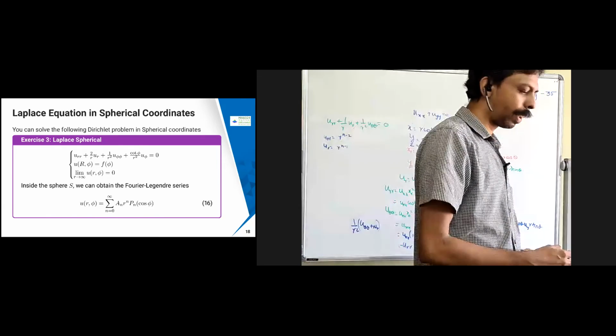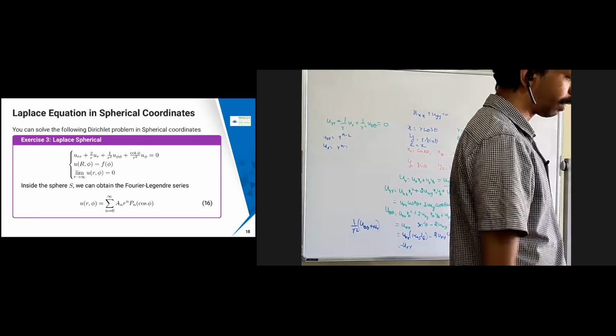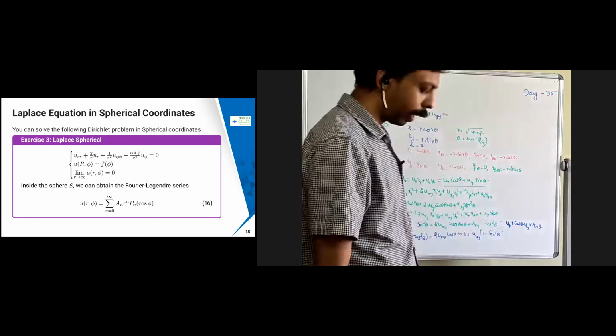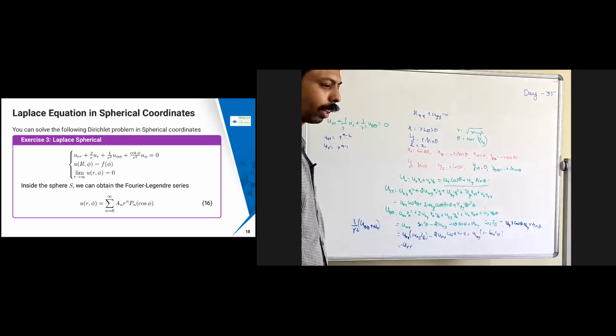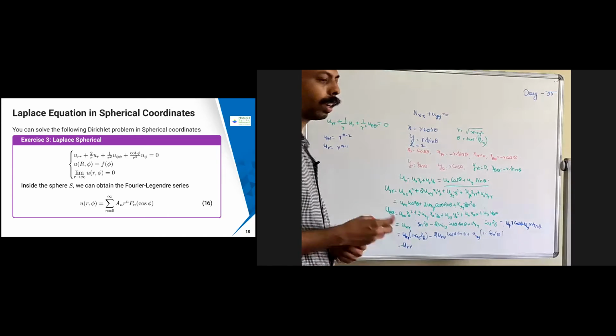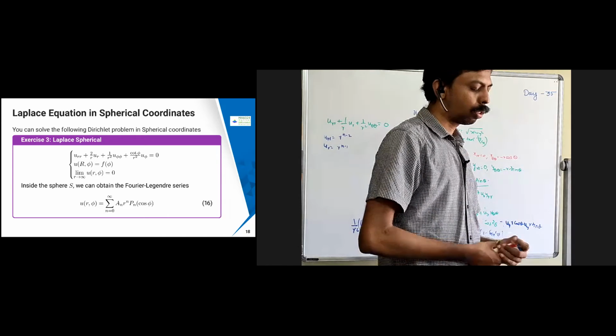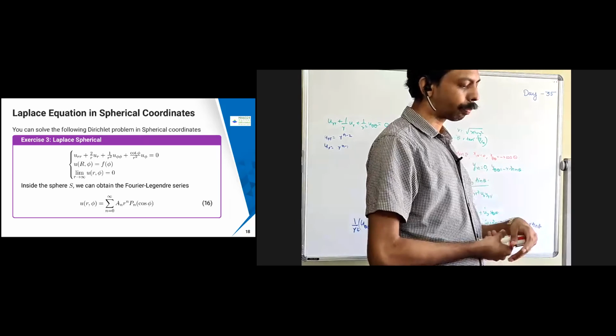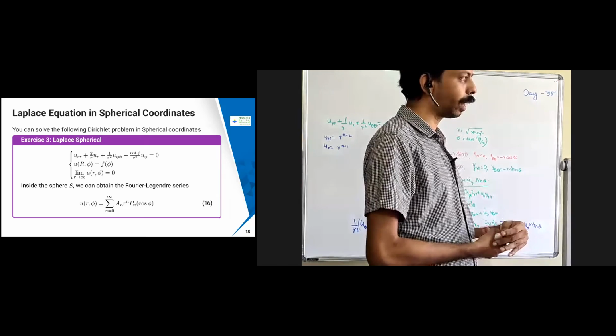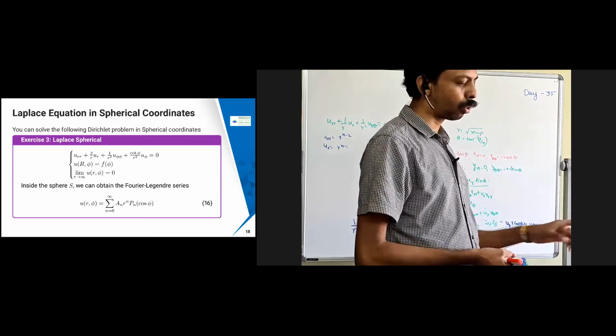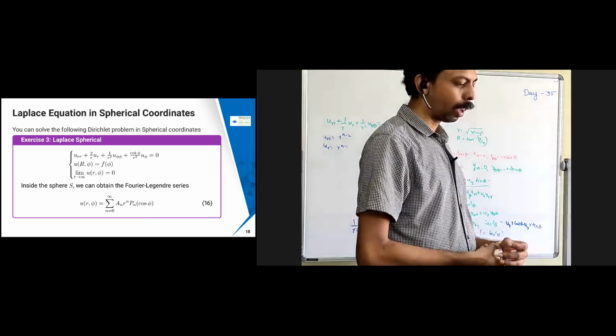Once you do the separation of variables, you are going to get a Legendre equation for one of the equations. I think it is coming for the r equation. You will get that as a Legendre equation. Once you apply that, you need to find the solution, and the Legendre polynomial will come. I hope you have studied that.